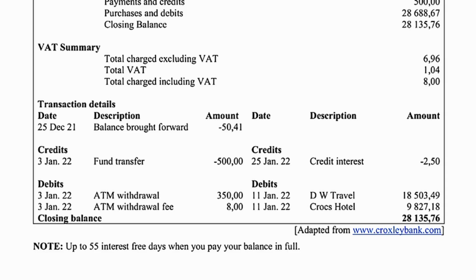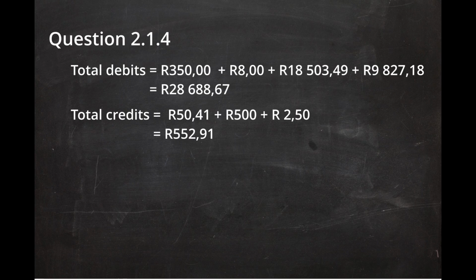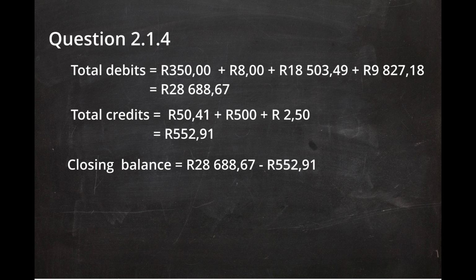The total credits for the month is 50 Rand 41 cents plus 500 Rand plus 2 Rand 50, and this equals 552 Rand 91 cents. Finding the difference between the total debits and the total credits is 28,688 Rand 67 cents minus 552 Rand 91 cents. This gives us a closing balance of 28,135 Rand 76 cents.